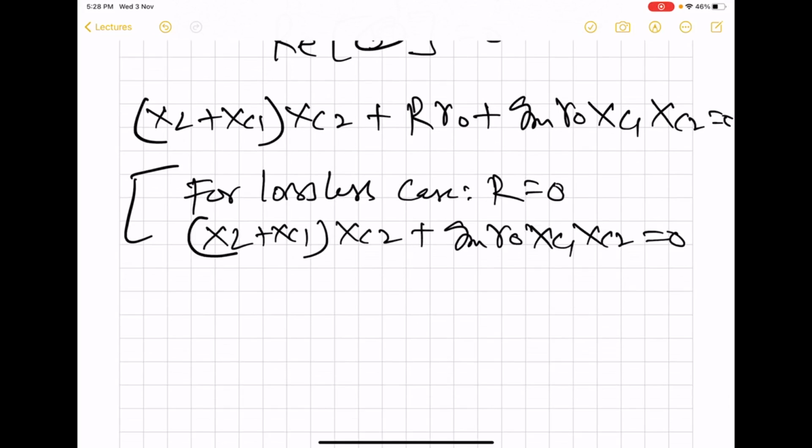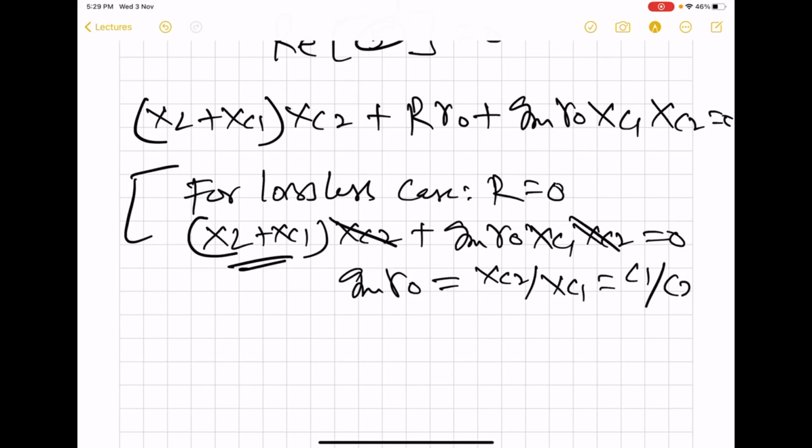And we can replace this in terms of XC2. This will cancel out. So ultimately here also we are going to get GM R naught is equal to XC2 by XC1, which is equal to C1 by C2. So this equation is a general case and can be easily adapted to the lossless case also.